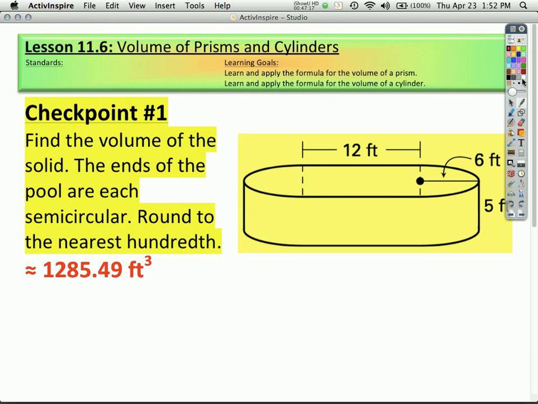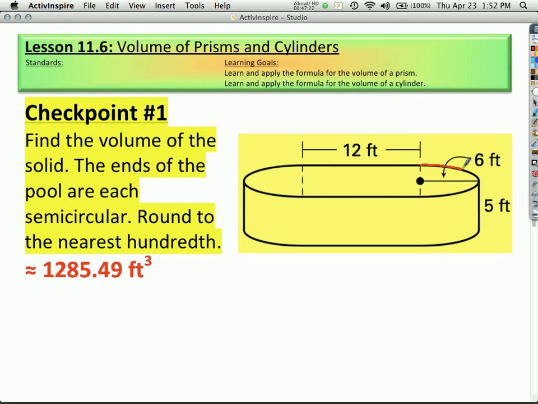So if we take this from here to here and cut it off, and take this and cut it off, and put them together, we have a complete circle. And the radius of that circle is 6, so the area of that circle would be 36 pi. Beautifully said. Okay? So what would the volume of just the circle be?